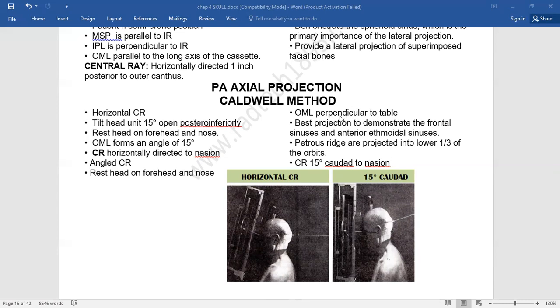Dito, OML perpendicular to table, demonstrate the frontal sinus and anterior ethmoidal sinuses. Also, one of the most important things dapat makita is the petrous ridge projected into the lower one-third of the orbit. So, sa mata, sa lower one-third, makikita yung petrous ridge.